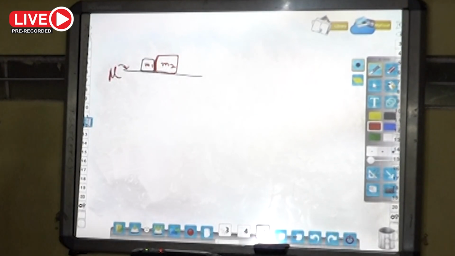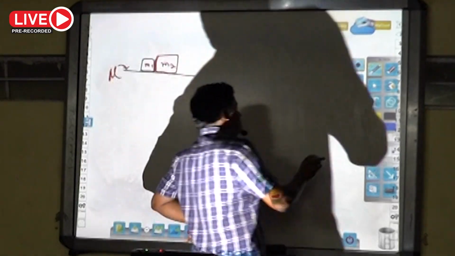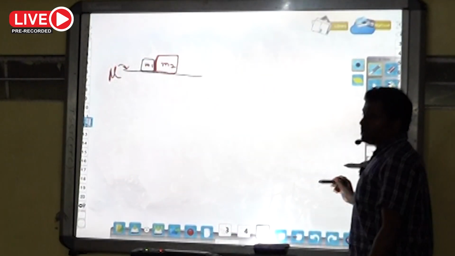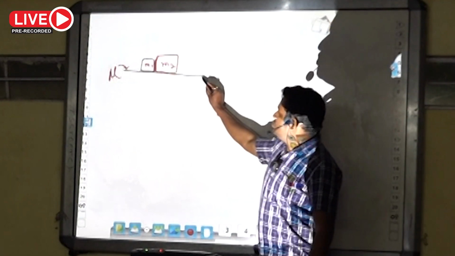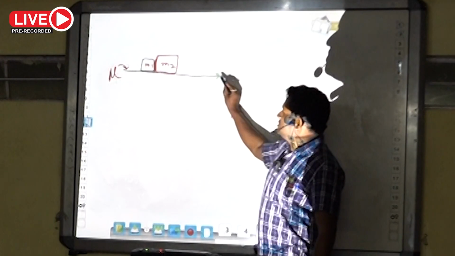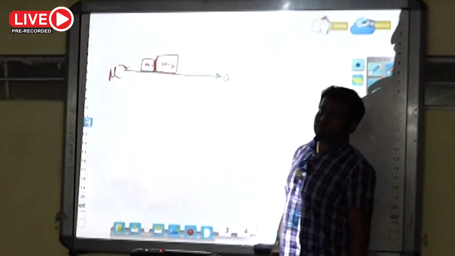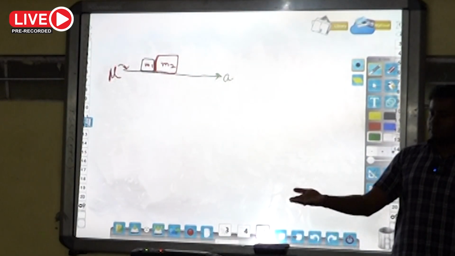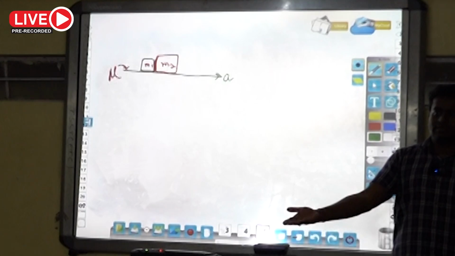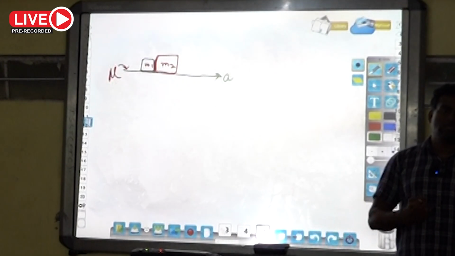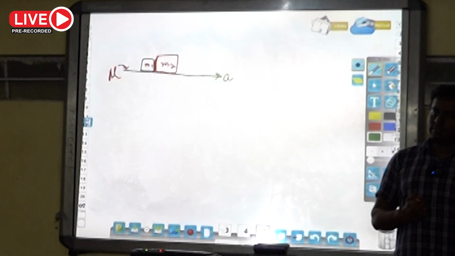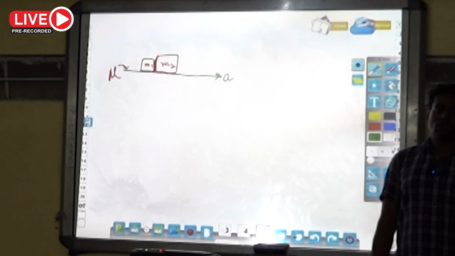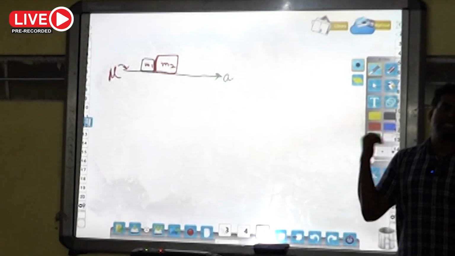Now suddenly, this floor is placed, suppose, over some membrane, and suddenly the membrane is pulled with a constant acceleration A in this direction.